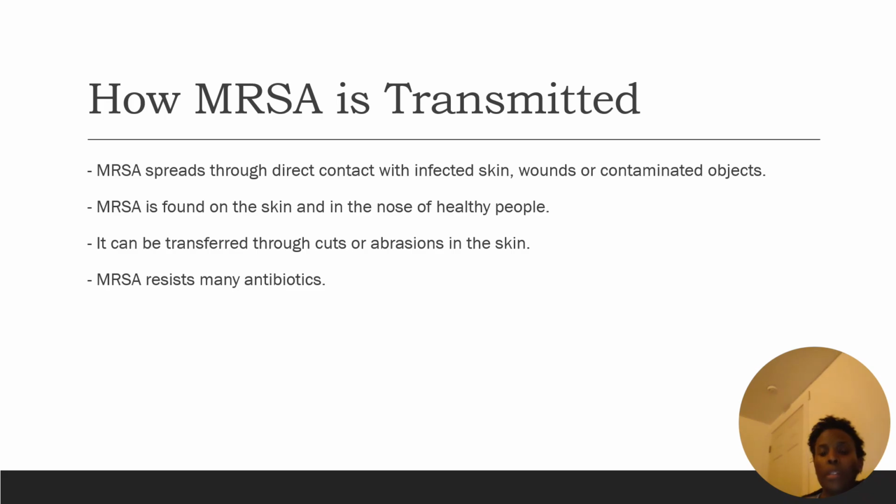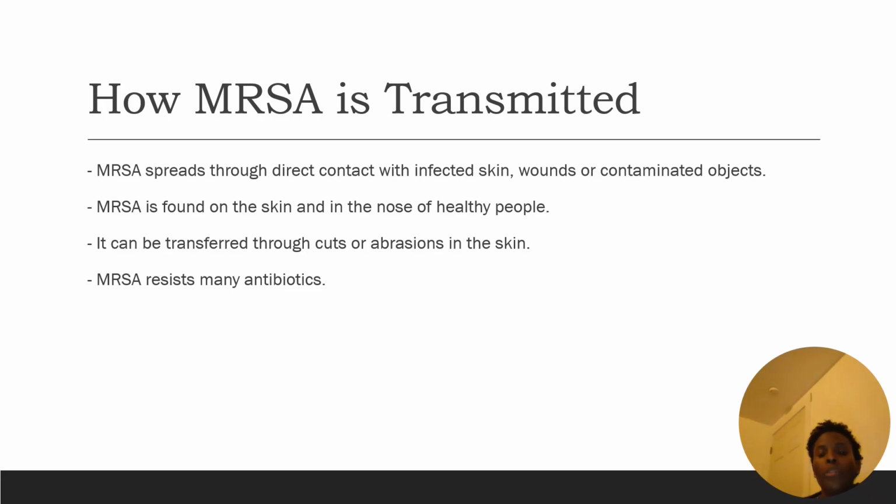So how is MRSA transmitted? MRSA spreads through direct contact with infected skin, wounds, or contaminated objects. When we say contaminated objects, we mean shared materials like towels, razors, and bed sheets. If somebody is infected with MRSA and you share these towels, bed sheets, or razors, chances are high for you to catch the bacteria.